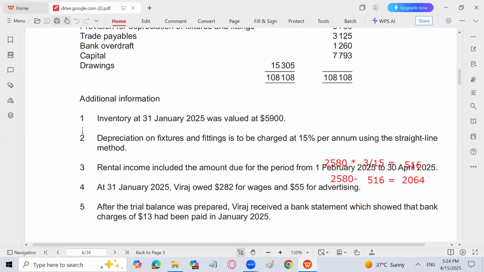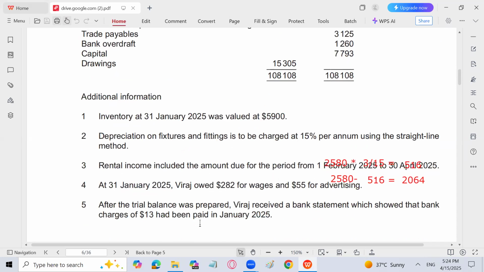After the trial balance was prepared, Viraj received a bank statement which shows that bank charges of 13 had been paid in January 2025. It means that these bank charges have not yet been recorded under expenses.